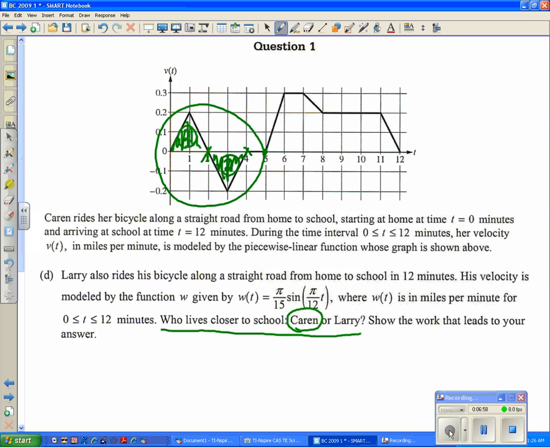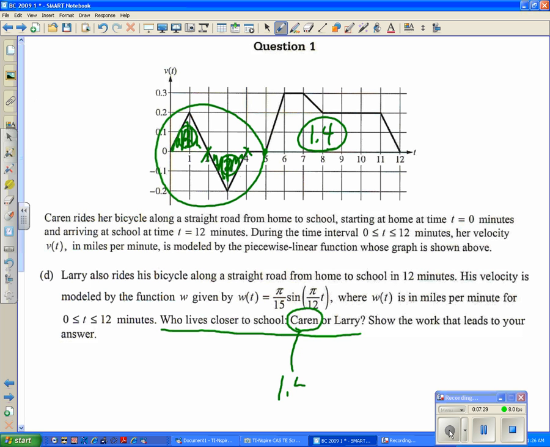They really don't have any effect on how far Karen lives from school. So if at time 5 she started off for school again from home, we would go forth and calculate all this area in here and find out that this is 1.4 or 14/10. That's how far Karen lives from school in actuality. That's her displacement or net distance that she lives from school.